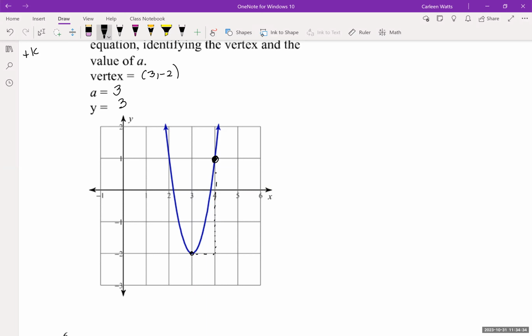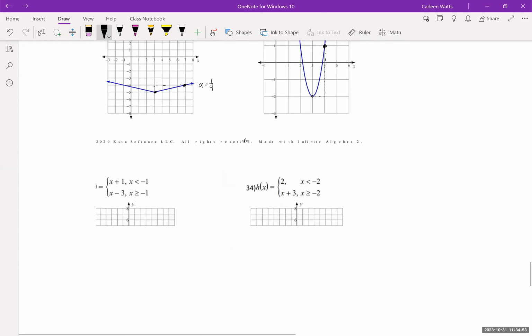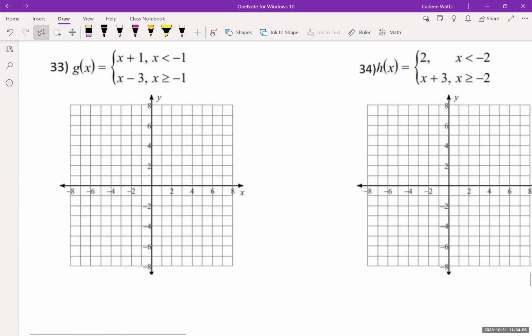Y equals 3 times x minus 3 squared minus 2. Opposite sign, same sign.